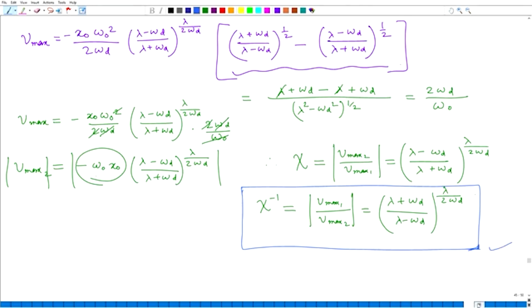So, let us say we have very strong damping.